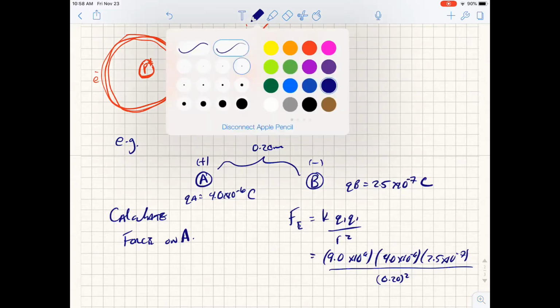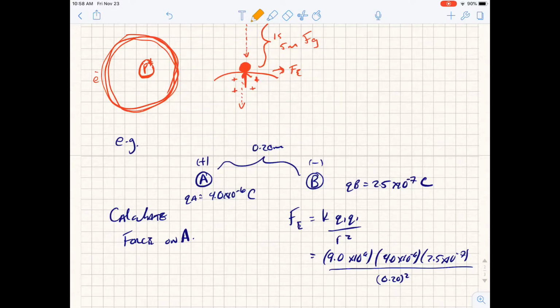More accurately, Coulomb's law should be written with absolute value signs on each of these variables. We only include the negative sign when we're dealing with vector forces as we designate direction. So A is going to be attracted to B, and so Fe will turn out to be a positive number.